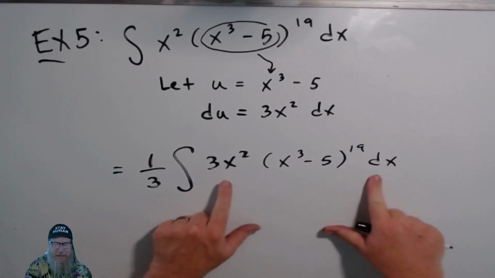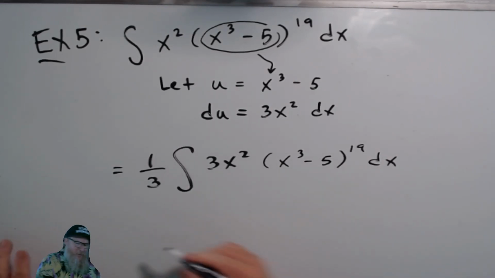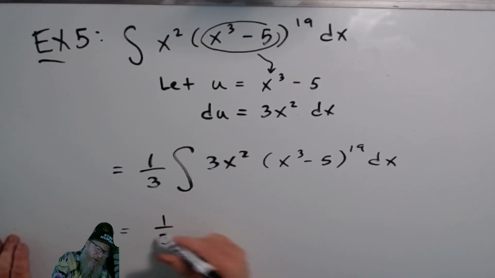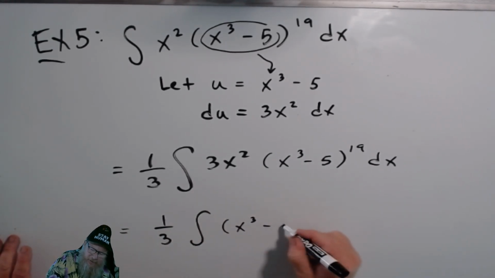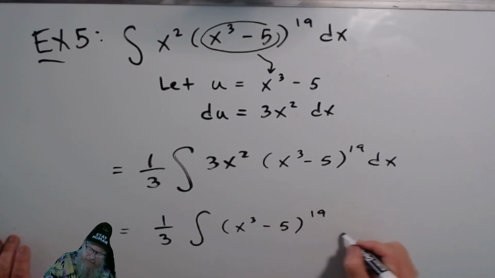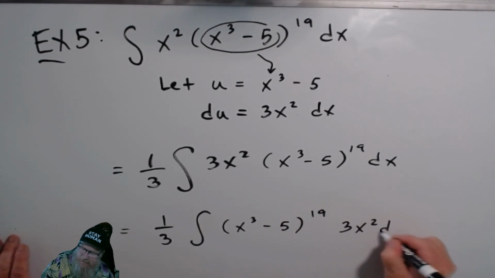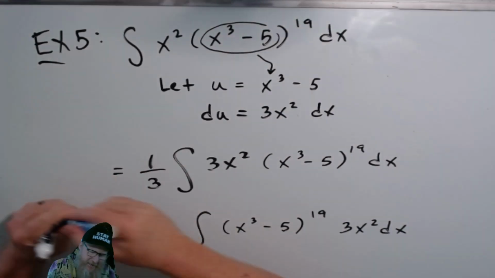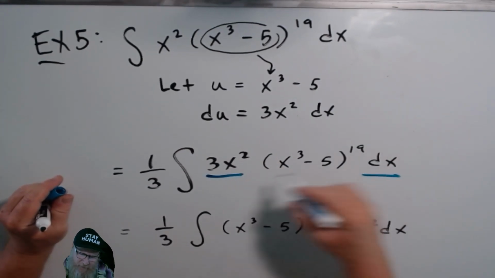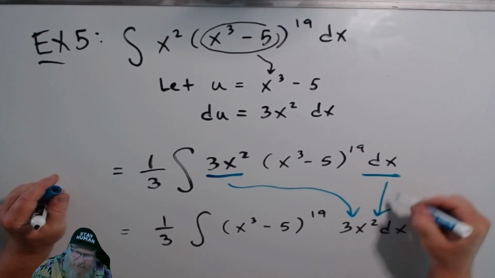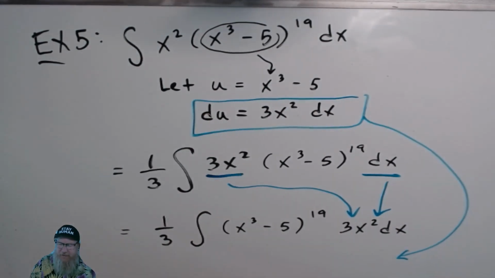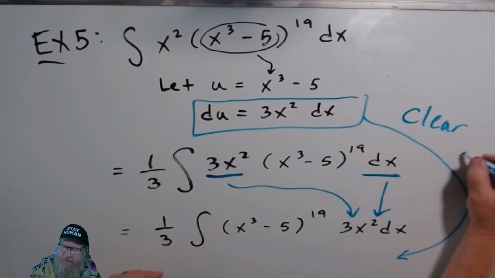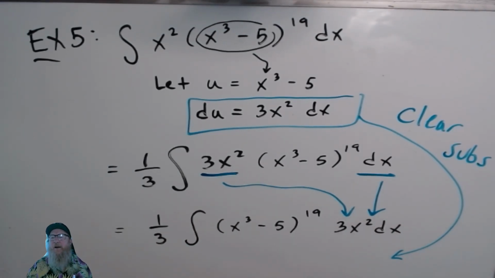Now you can leave these separated like this, or you can bring them together. I always like to bring them together. It's a matter of taste. I like to see my 3x squared and my dx together so that when I do my substitution, it's very clear who the subs are.